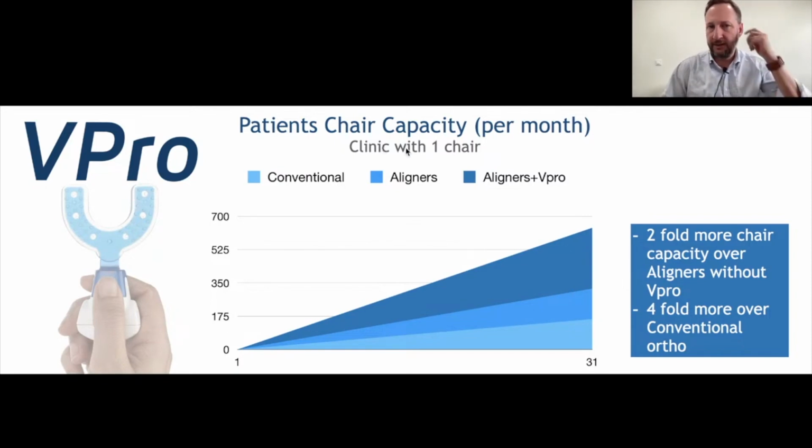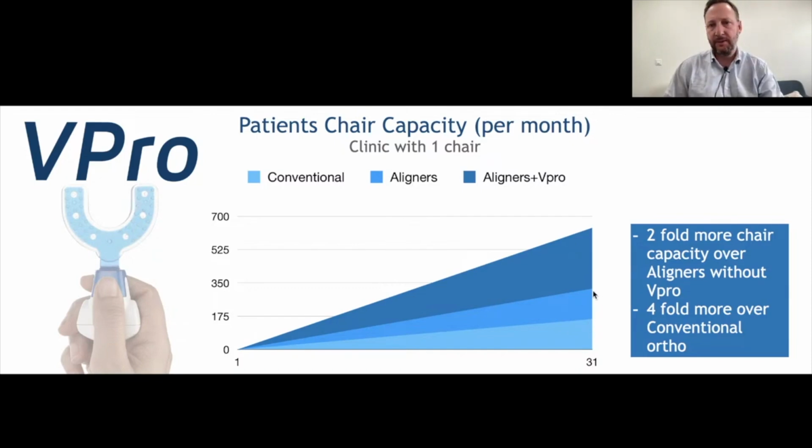For my clinic, with only one chair, a small clinic at the moment in my hometown in Porto Alegre, south of Brazil, the capacity I could see per month with conventional orthodontics was reduced, because it took more time in the chair.